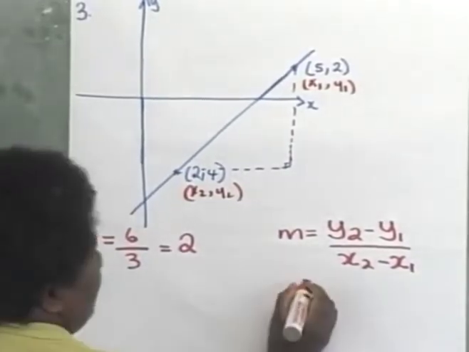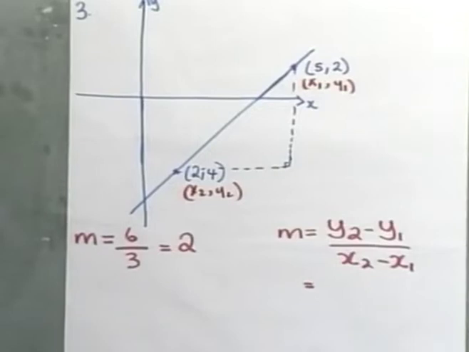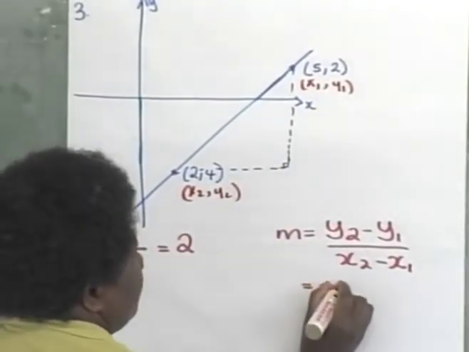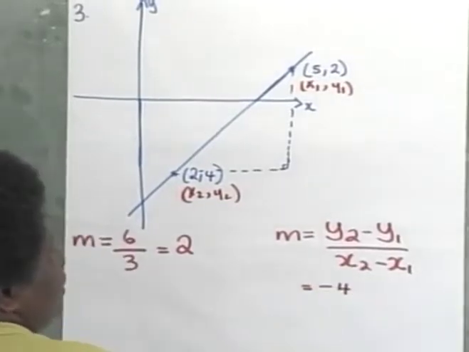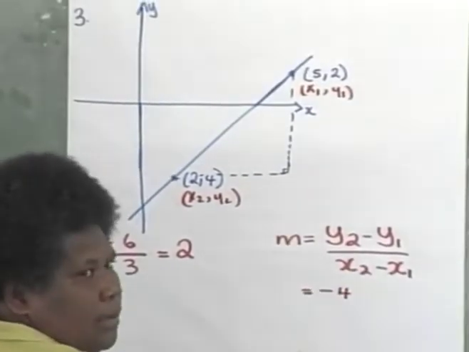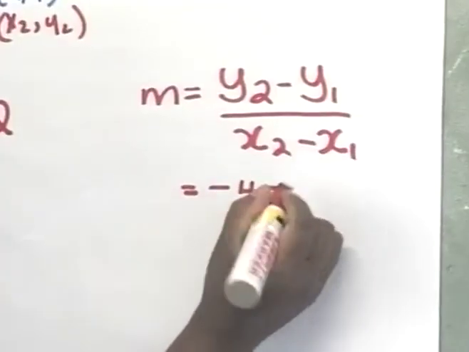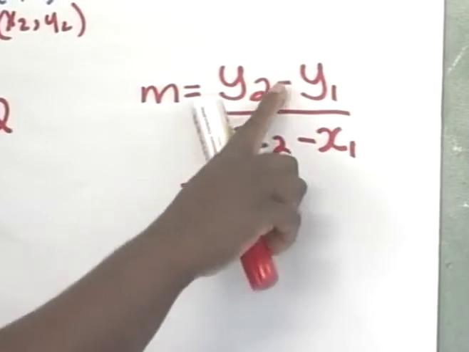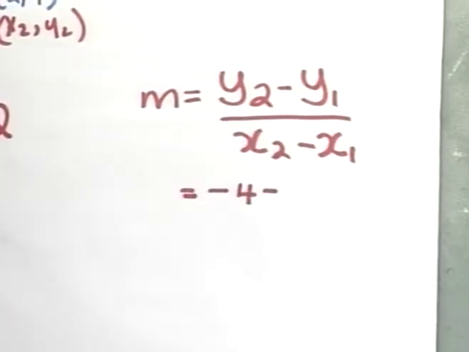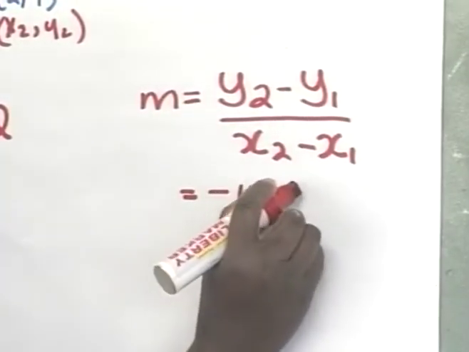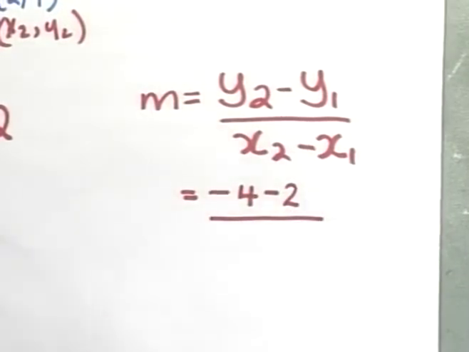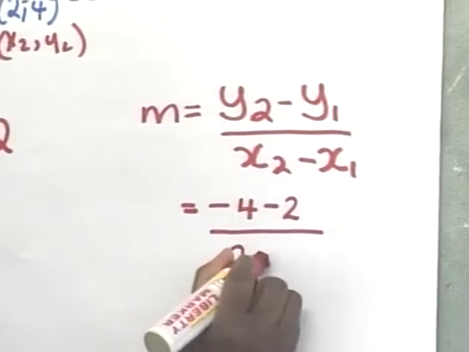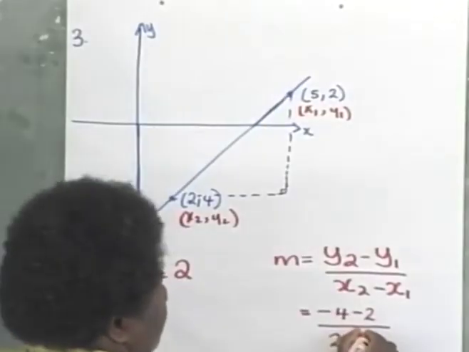So to find the gradient, let's just check if it's 2. We use y2 minus y1. y2 in this case is negative 4. Okay, y1 is negative 2. So it's minus 4 minus, the minus sign is always in the formula, minus 2 over x2 is 2 and x1 is 5.